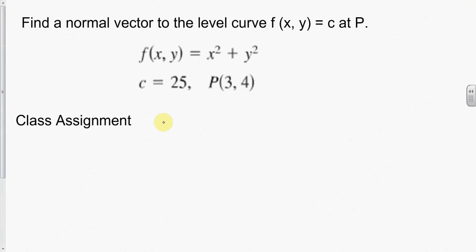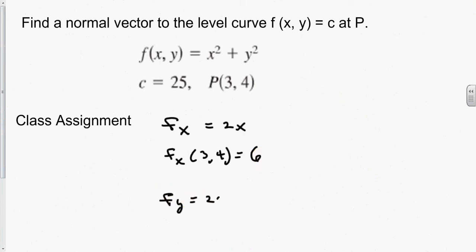And just one more. The partial of f with respect to x is 2x. If you find this partial at the point 3, 4, this is just 2 times 3, we get 6. Then the partial of f with respect to y is 2y.